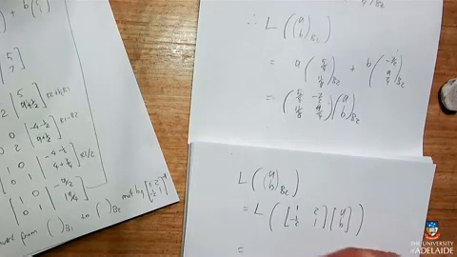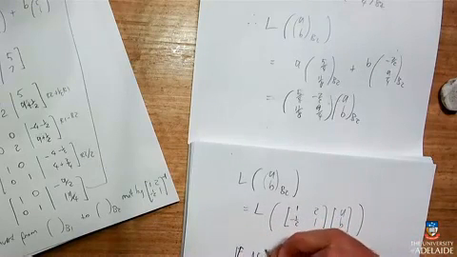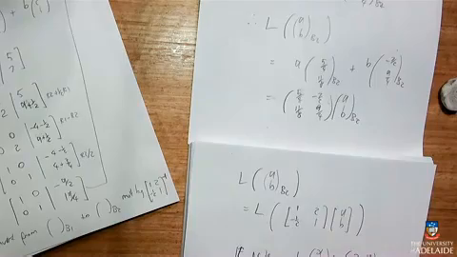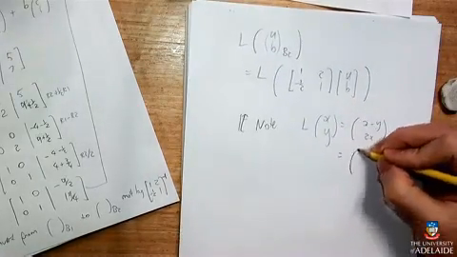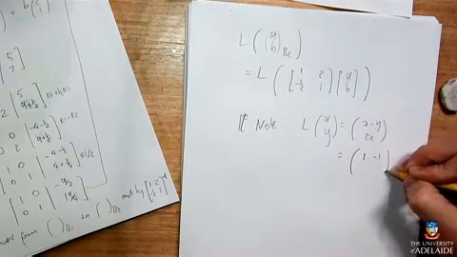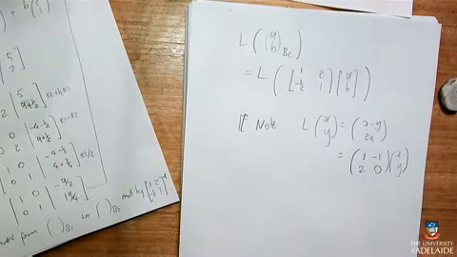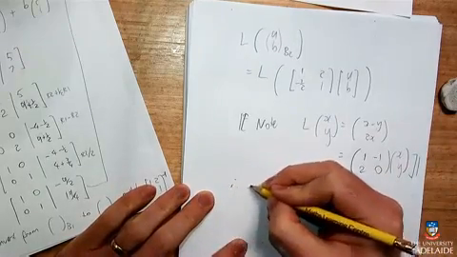So at this stage, just note L of (x, y) was x minus y, 2x. Oh crap, sorry. x minus y plus 2x, which is (1, minus 1) lots of (x, y) and (2, 0) lots of (x, y). And so therefore, where were we?